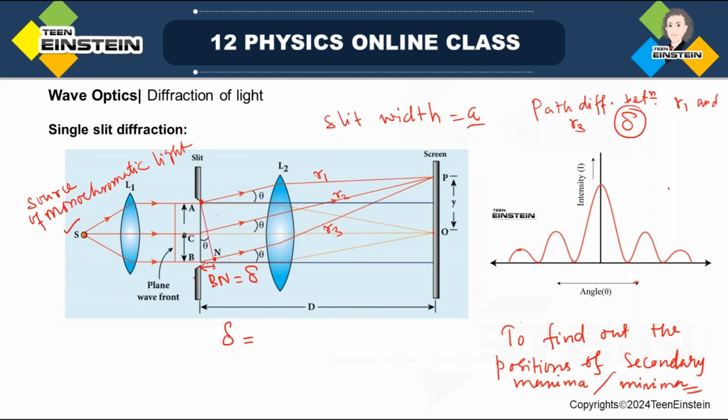Now I have to find out what BN is. This is a right angle triangle ABN.